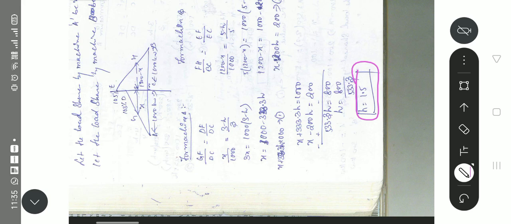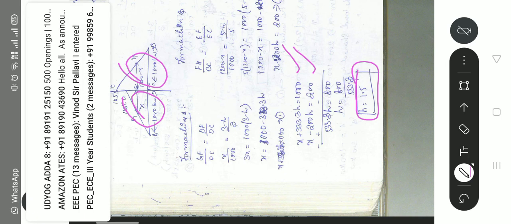This H value we can substitute in either equation 1 or 2 to get the X value. The X value is the load shared by A, and the load shared by B is 1200 minus X. After calculating X, we get the load supplied by both machines.